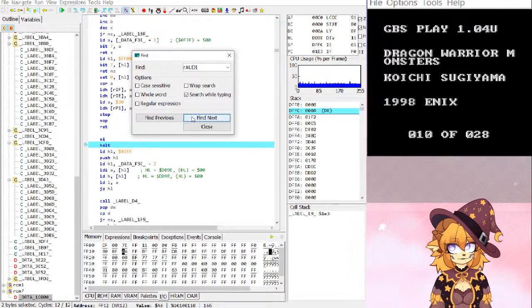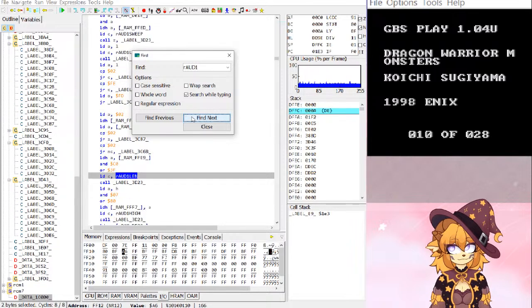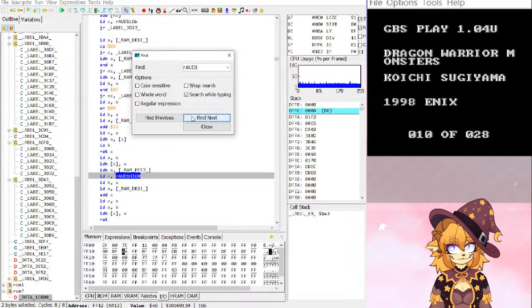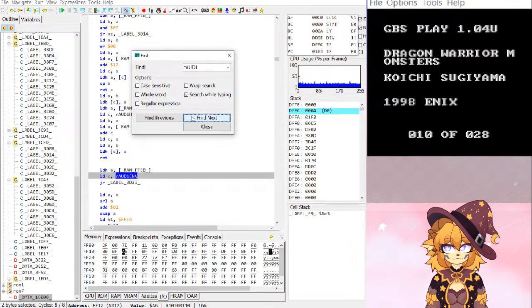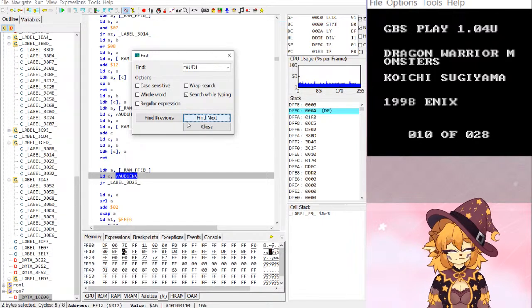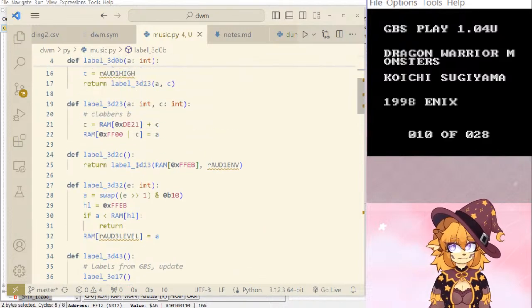This is a volume. High and low are both period. I don't think this is what we're looking for. Oh, it is what we're looking for. Okay. NR11 end. Perfect.